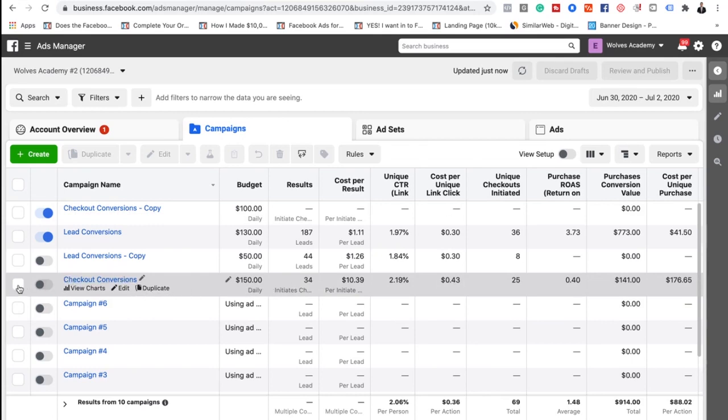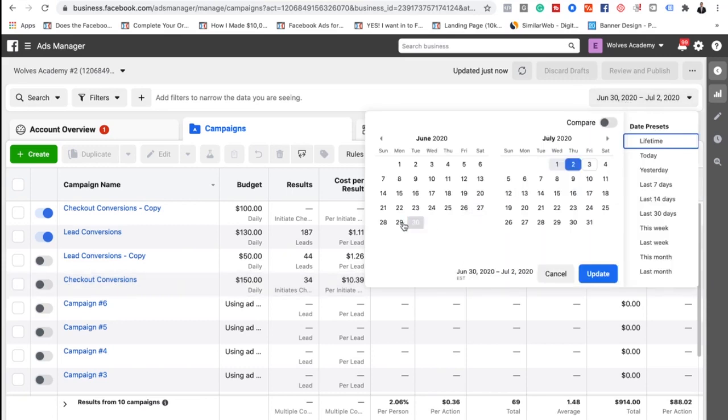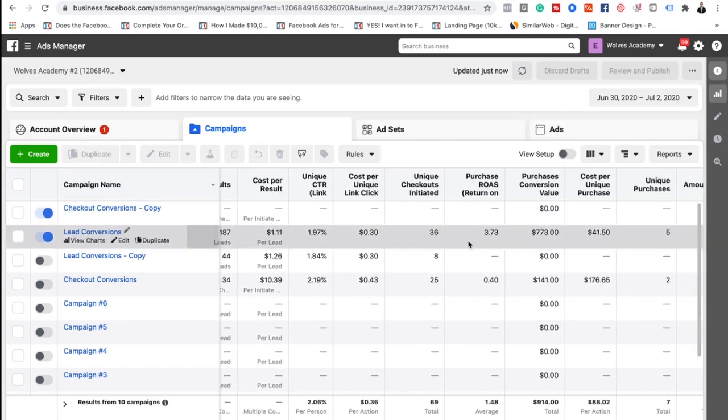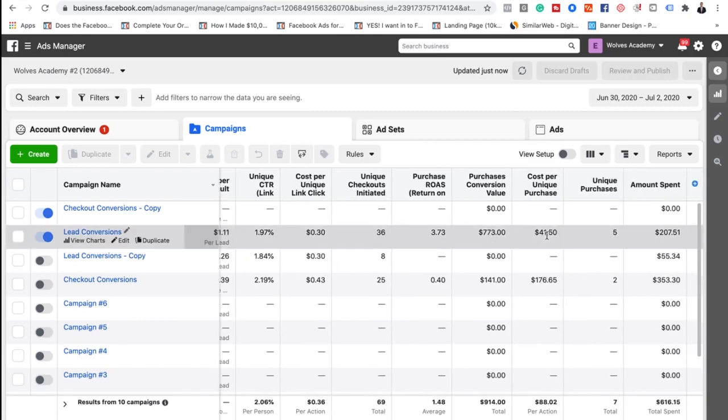If we look at it from afar, we did make $200 in profit, but it did not really continue to stand the test of time. Now, if I go to the 30th to the 2nd and we look at the lead conversions campaign, this one's actually doing 3.73x return on ad spend and $41 per purchase, right?